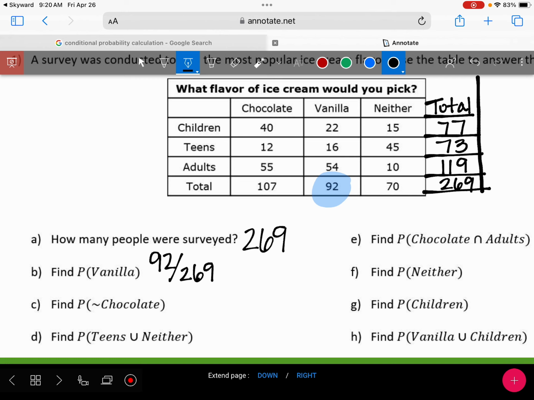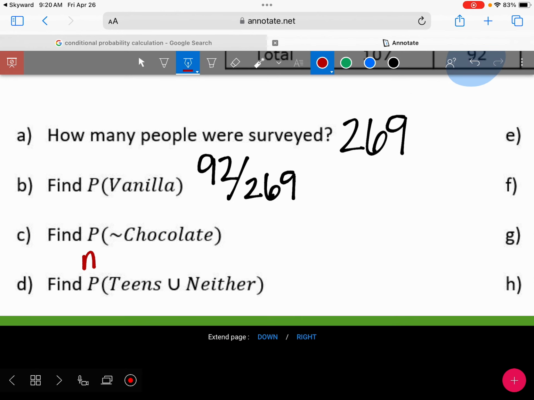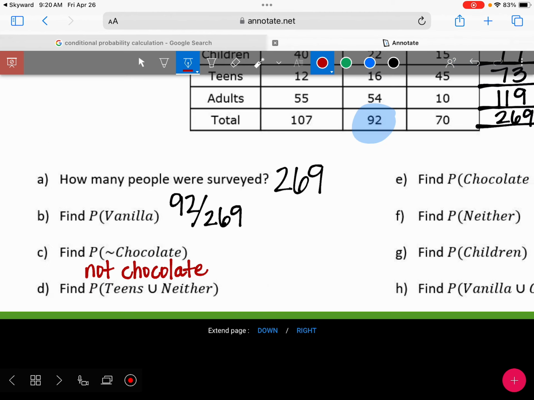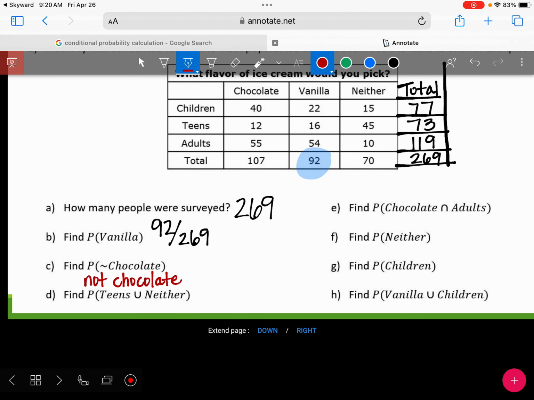Okay, next one, probability that they did not choose chocolate. So let's go ahead and write that. This means that they did not. So not chocolate. If they didn't say they like chocolate, that means that they said they like vanilla or they said neither. So that means that you have to add together the vanilla and the neither.